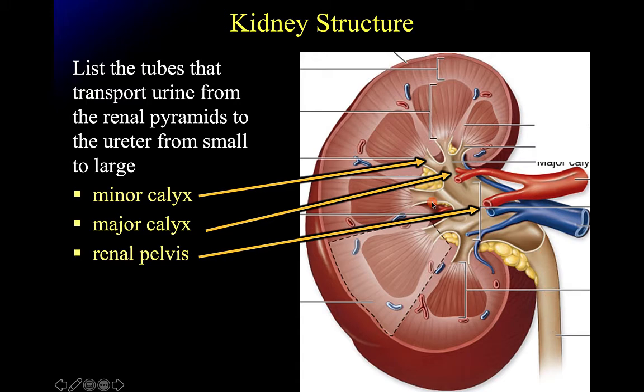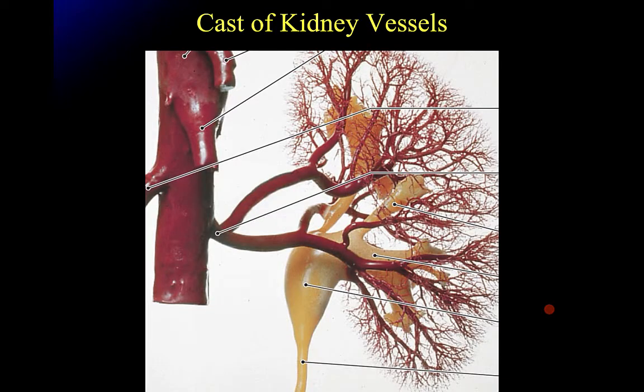So basically, we form urine in our microscopic structures within the renal lobe. We drain into the minor calyx, to the major calyx, to the renal pelvis, to the ureter, down to the bladder, and then when we urinate, it goes out through the urethra. So let's take a look at what this might look like. I think this is a very cool way of looking at what's inside the kidney.